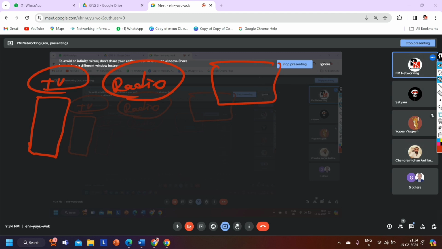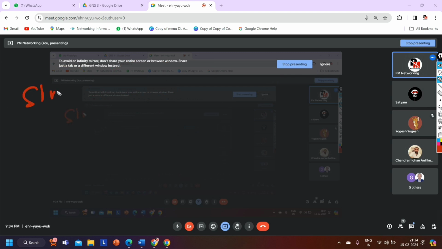Okay. So simplex means a device which can only send the data or can only receive the data. Like your television. Television can only receive the data. That means television works on simplex mode.